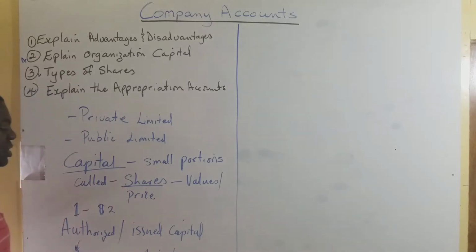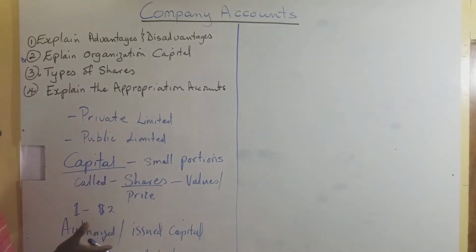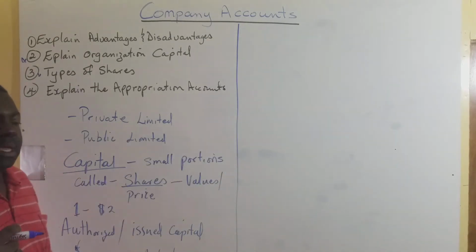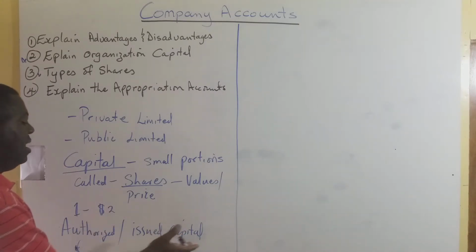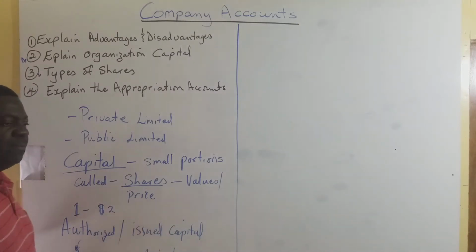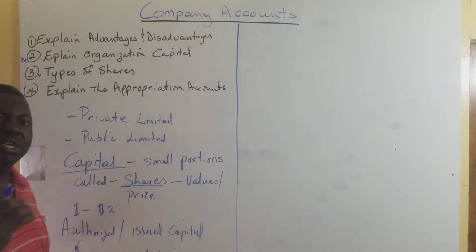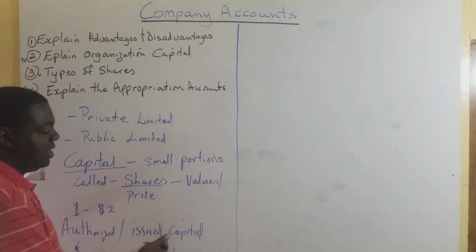Issued share capital has to do with, of the total authorized shares, when they offer it to the public, the amount of persons who actually buy the shares and to whom they allocate those shares. The amount of persons who have taken up the shares and become shareholders is what is referred to as the issued share capital.